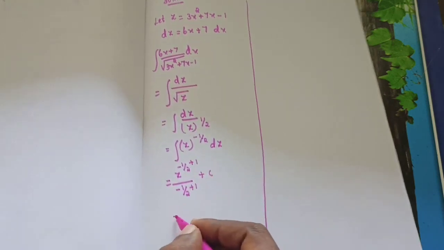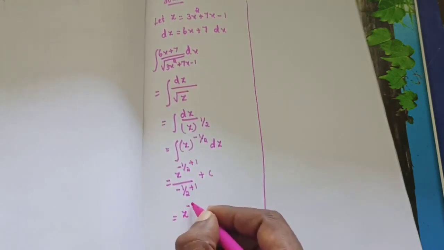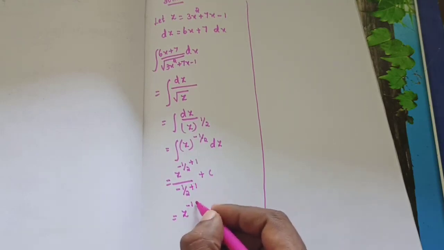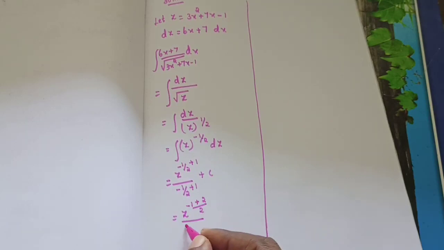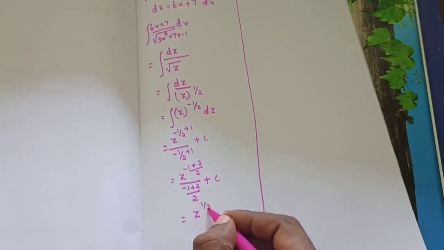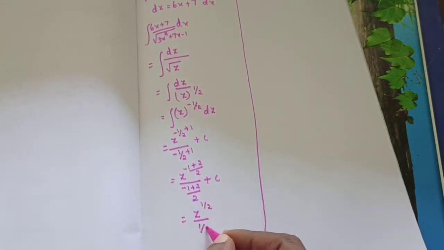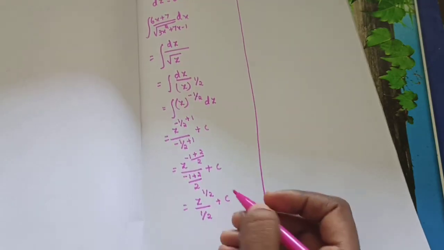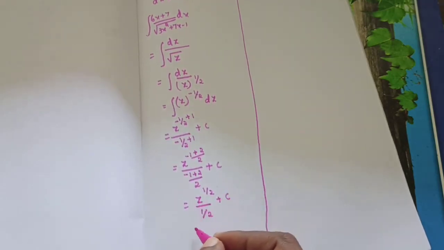Taking the LCM, that's z power (minus 1 plus 2) by 2 divided by (minus 1 plus 2) by 2, plus c. So we get z power 1 by 2 divided by 1 by 2, plus c. Bringing this to the numerator, we get 2 into root of z plus c.